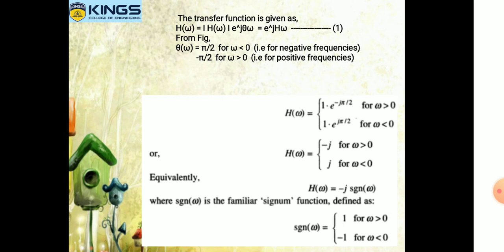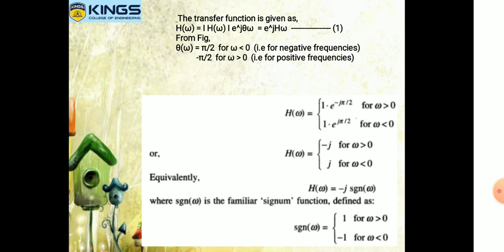So from the figure we can tell the theta of omega will be equal to, for negative frequencies, plus pi by 2 for omega less than 0, and for positive frequencies, minus pi by 2 for omega greater than 0.